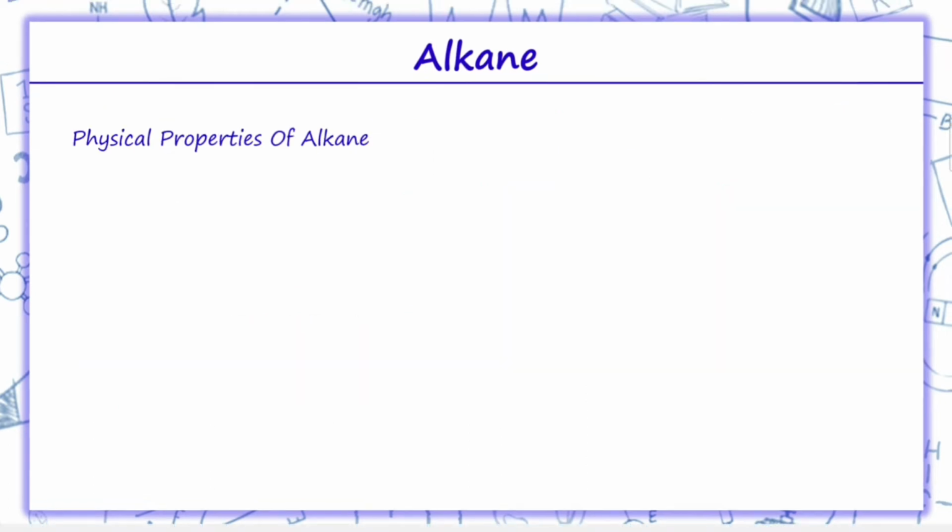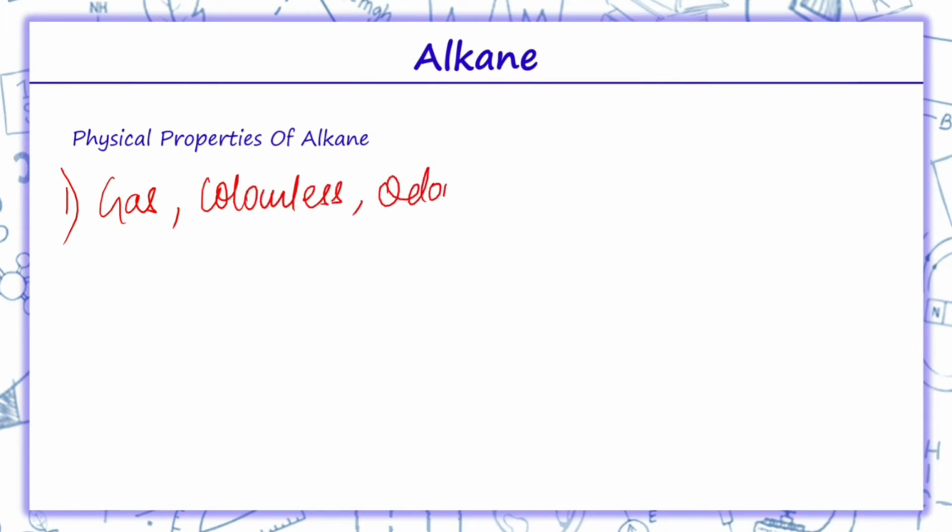Physical properties of alkanes: first, we will study its nature, color and odor. It is a gas at ordinary temperature. It is colorless, and it is odorless. In alkanes, we mostly talk about methane and ethane, so we are talking about the nature of methane and ethane.